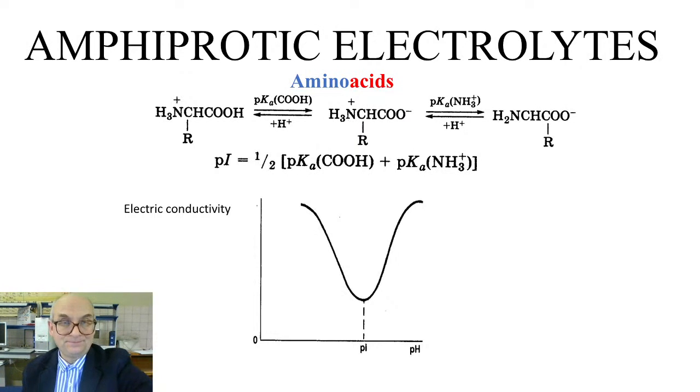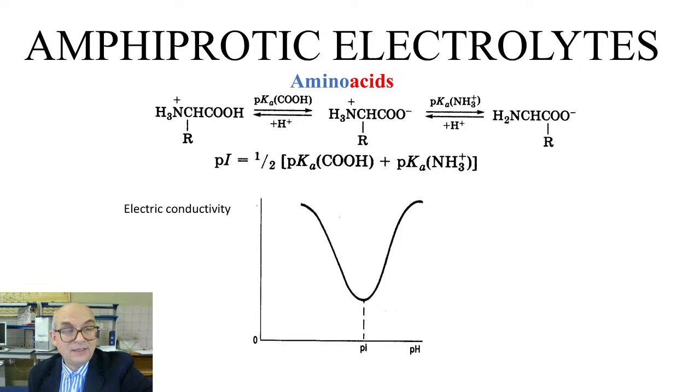Amphiprotic electrolytes means that this compound is dissociated in the aqueous solution, and this solution has both acidic and basic properties, depending on the characteristic of the solution, depending on the pH, and depending on the other reactant.